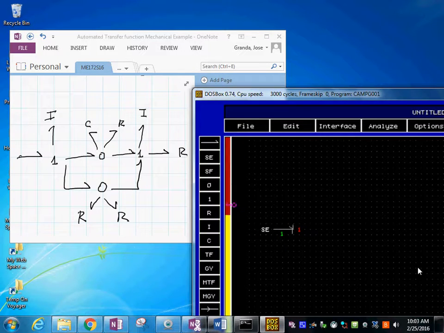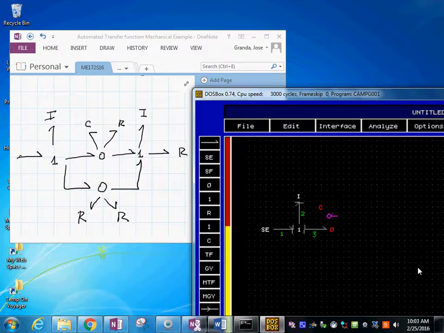And then I have the I element that is over here, and you put from here to here. Then you have the R element that is here, and you go from here to here.